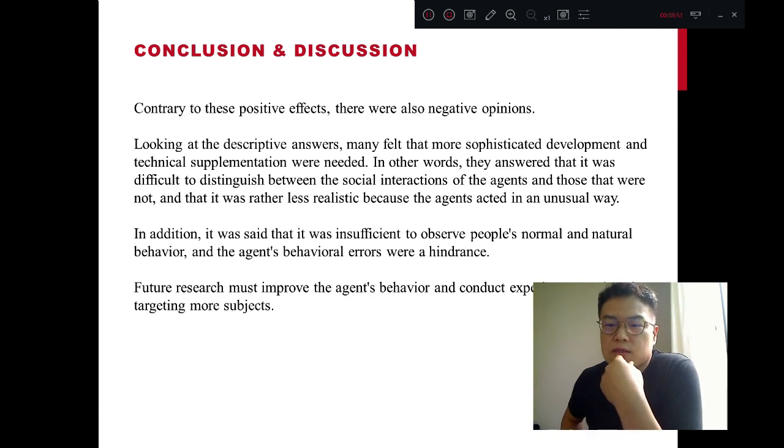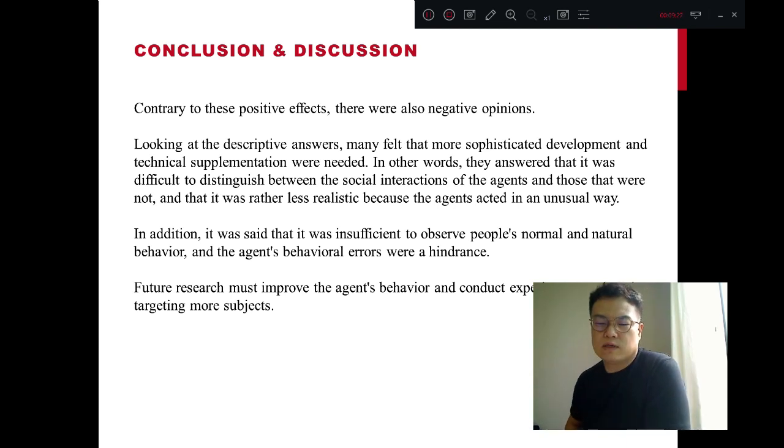But there are some negative opinions. Looking at the descriptive answers, many felt that more sophisticated development and technical supplement were needed. In other words, the answer was that it was difficult to distinguish between social interaction agents and those that were not, and that it was rather less realistic because agents act in unusual ways.